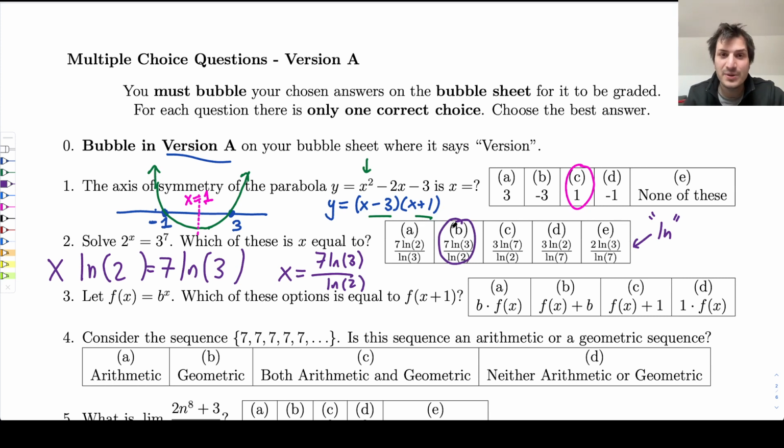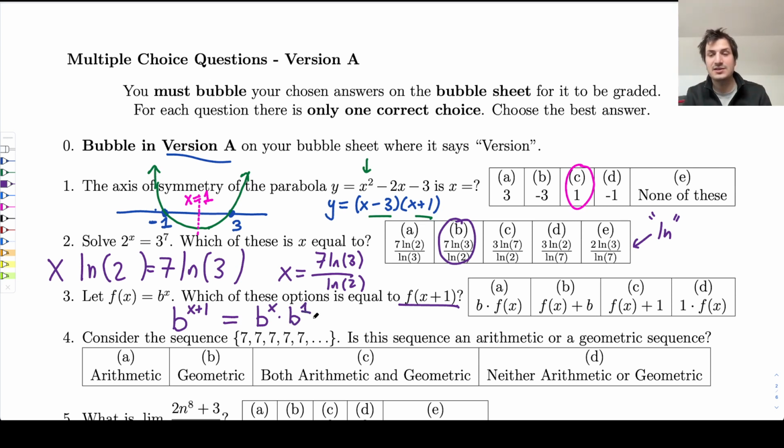Let f of x equal b to the x. Which of these options is equal to f of x plus 1? This one was a homework problem. All you have to do is note that f of x plus 1 will be b to the power x plus 1, and you have to simplify this to somehow involve the function f of x. By the rules of exponents, b to the x plus 1 is b to the x times b to the power 1.